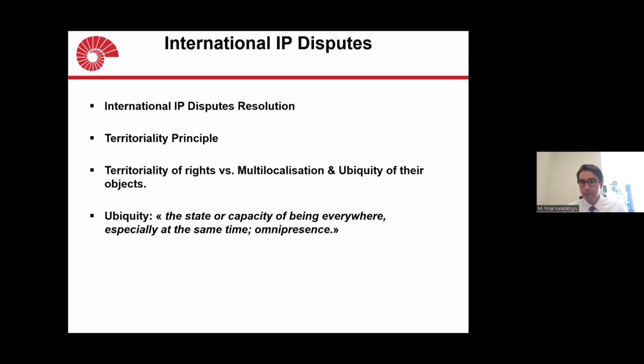You may have a trademark right registered around the world, and the products which carry your trademark, your sign, which is protected as a trademark, can be sold in many countries. So these characteristics present the need for an international protection for IP rights, but at the same time, this is also the interesting part of international IP disputes. They are also the source of complexity when you have an international IP dispute.